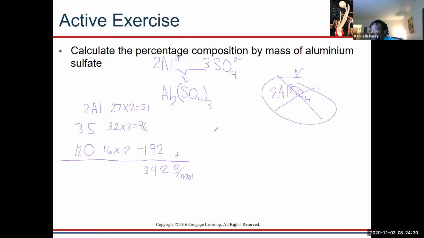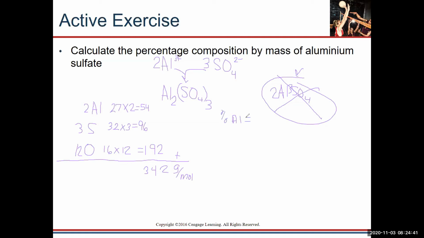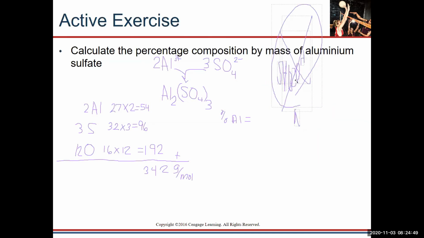Okay, so if we're looking at aluminum, percent aluminum, how would I calculate that? We'll do 54 divided by the total, 342, and multiply that by 100.